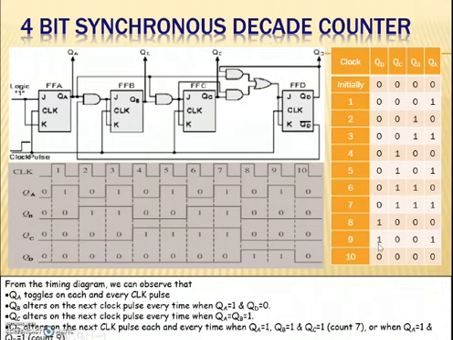This is because after count 9, the next output must be 0, 0, 0, 0. So for resetting, we make this arrangement: when QA is equal to 1 and QD is equal to 1, QD will alter. Okay, this is how a synchronous decade counter works.